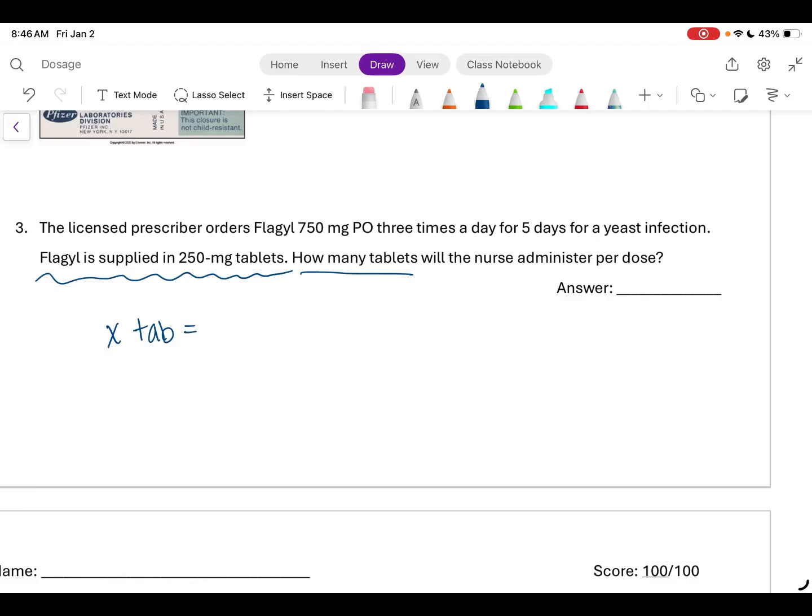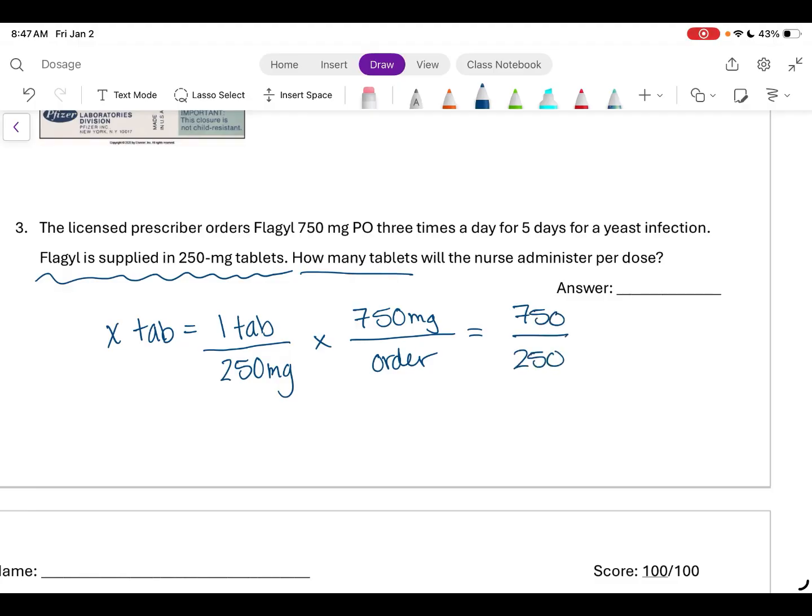The question is telling me that all I have is 250 milligram tablets, so 1 tab is 250. And then my order was 750. So 750 divided by 250, you'll get 3.